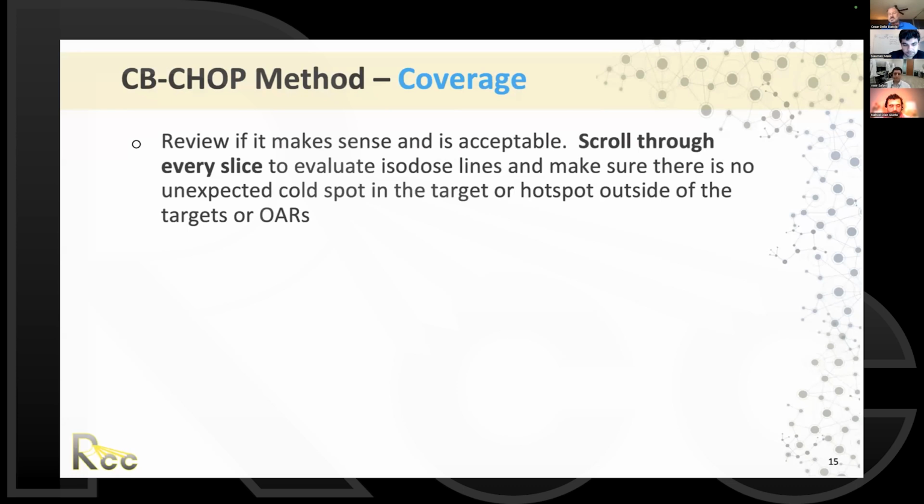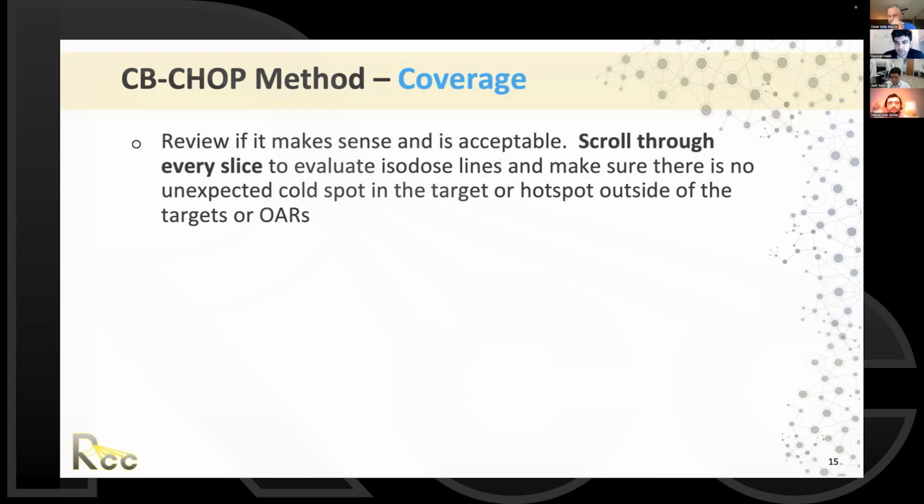So you might see beautiful coverage around where the parotids are, and then the moment that you exit the parotid and go up, peaks of radiation might happen. So you need to go through every slice to see the isodose lines, and you look for cold spots, or also hot spots, that can be outside of the target or the OARs.